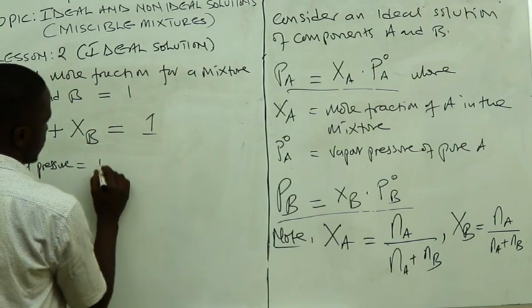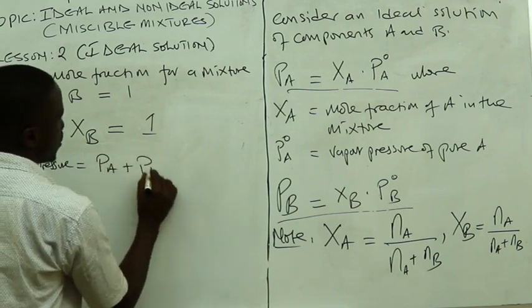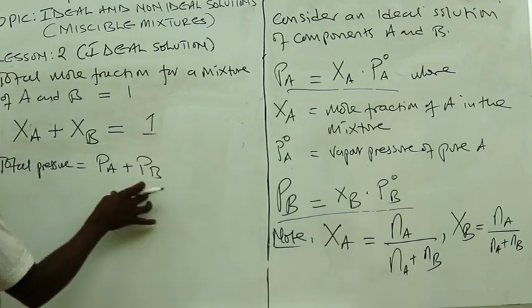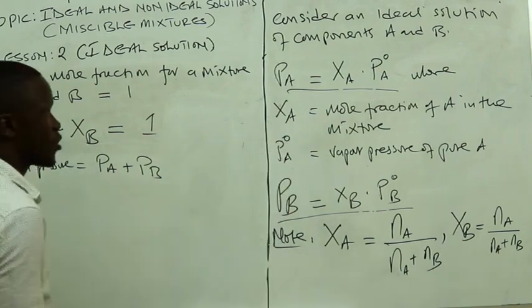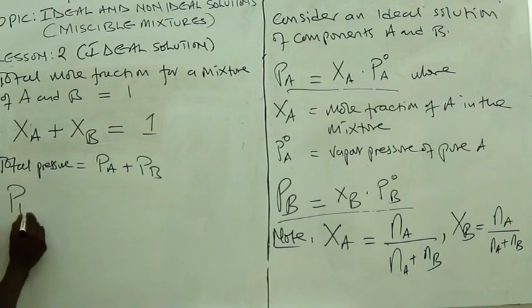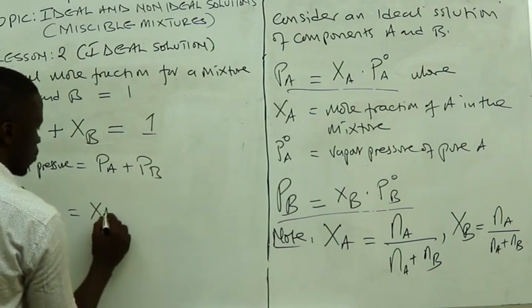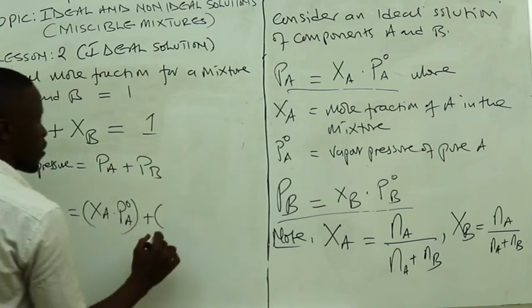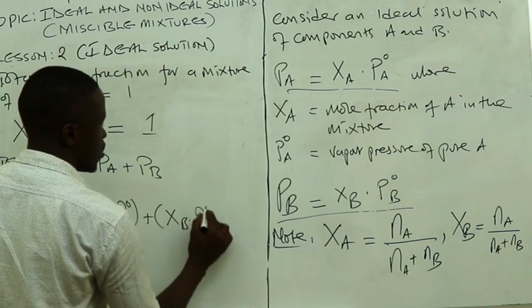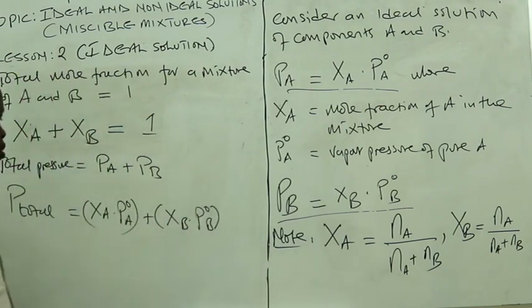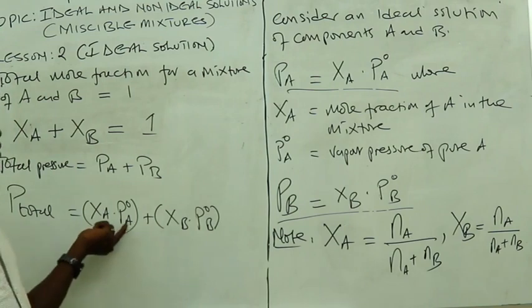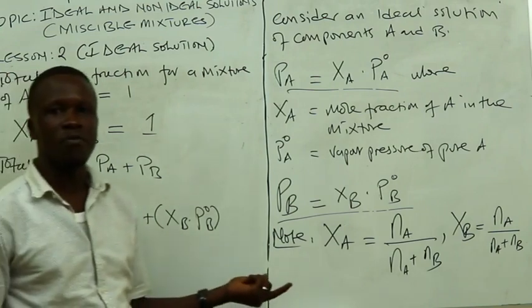So, total pressure is going to be equal to partial pressure of A plus partial pressure of B. And so, we can modify this formula by substituting the expressions of the partial pressures and say that P total is mole fraction of A times P naught of A, plus mole fraction of B times P naught of B.